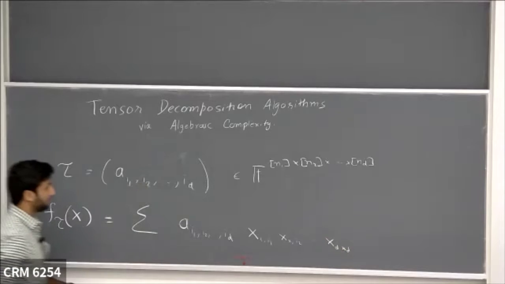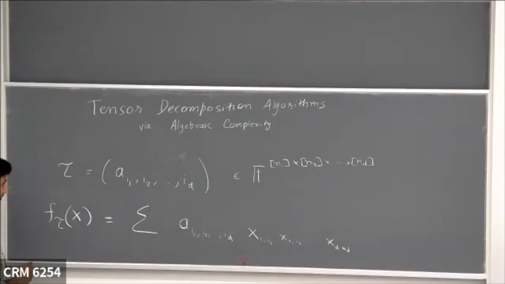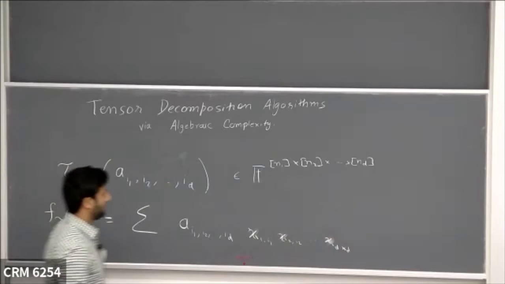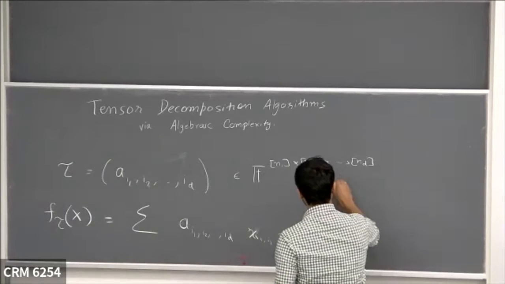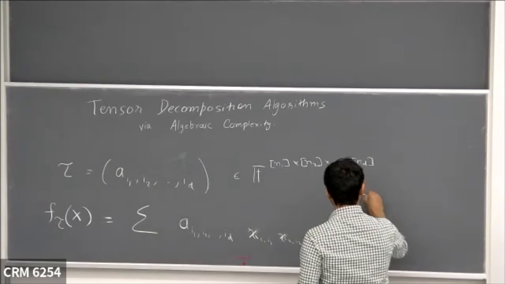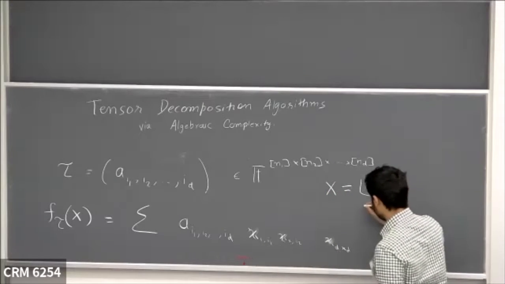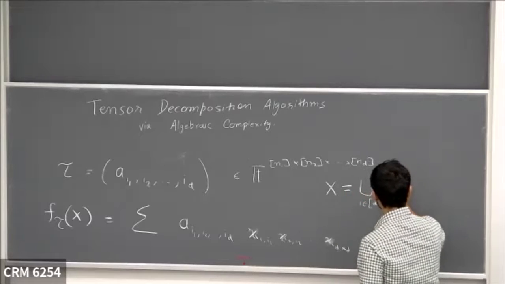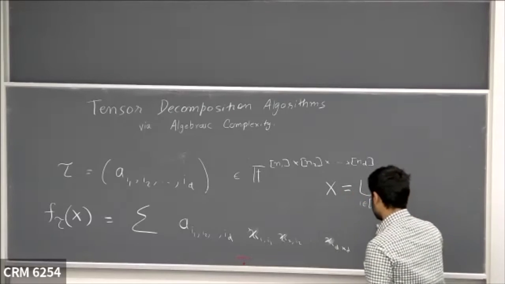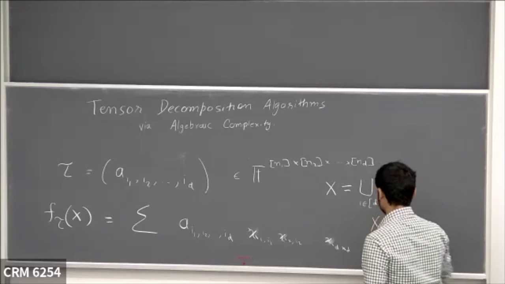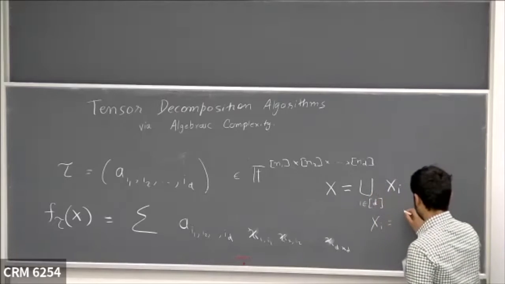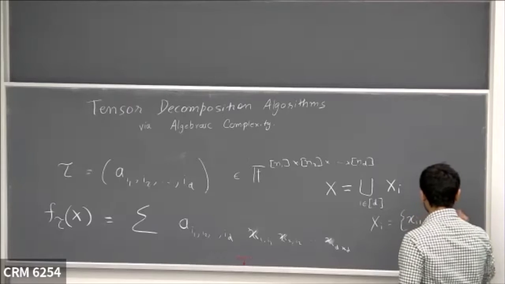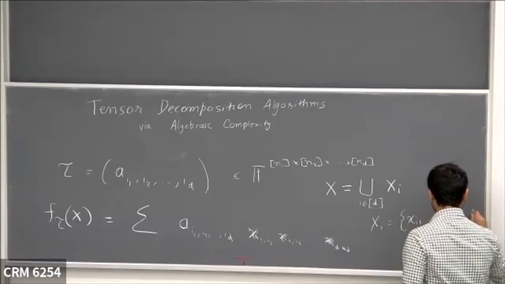Let me look at what the variable sets are. My variable set x is a disjoint union over i in [d] of x_i, where x_i comprises x_{i1} up to x_{i n_i}.